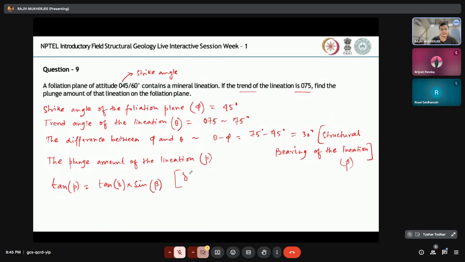Keep in mind, delta will be the dip of the foliation plane. Okay, so tan p is equal to tan 60 degree, right, times sine 30 degree.